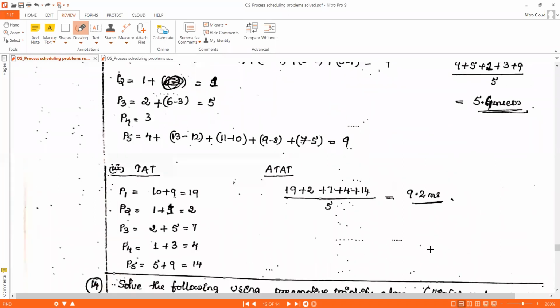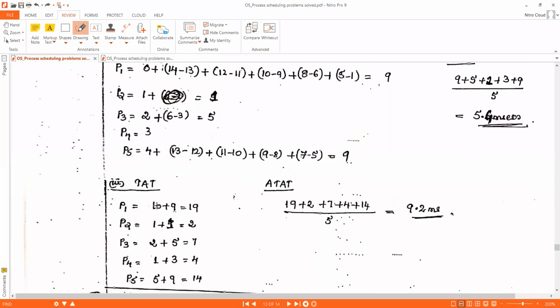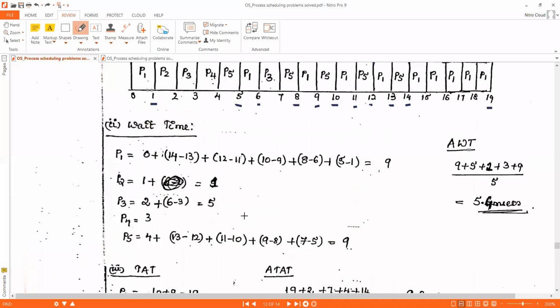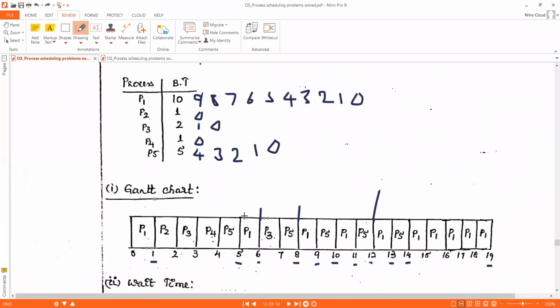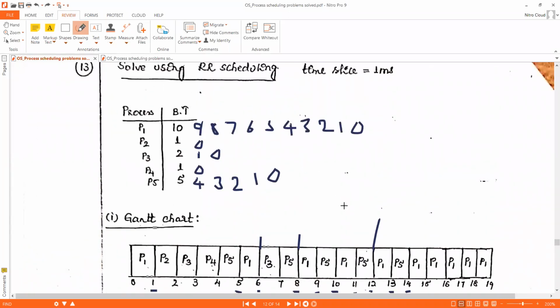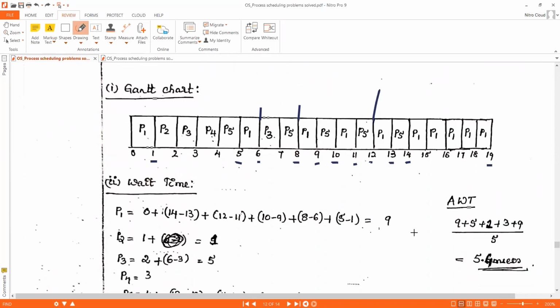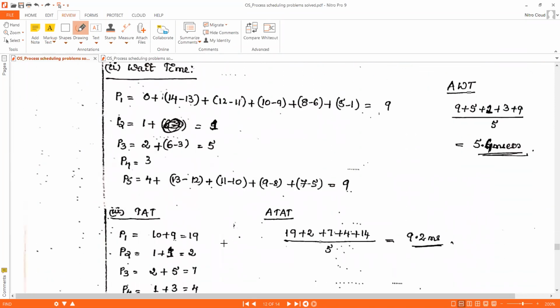Now we know how to find the turnaround time. Turnaround time is the process's burst time plus its waiting time. Process 1's burst time is 10 milliseconds and its waiting time is 9 milliseconds. 10 plus 9 is 19 milliseconds, the turnaround time for process 1.